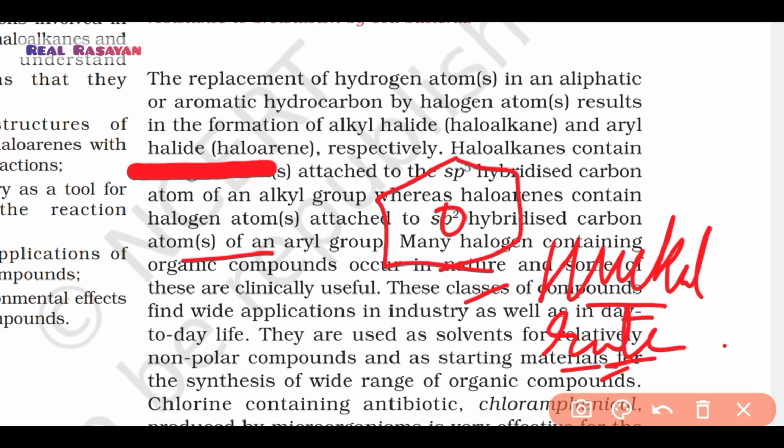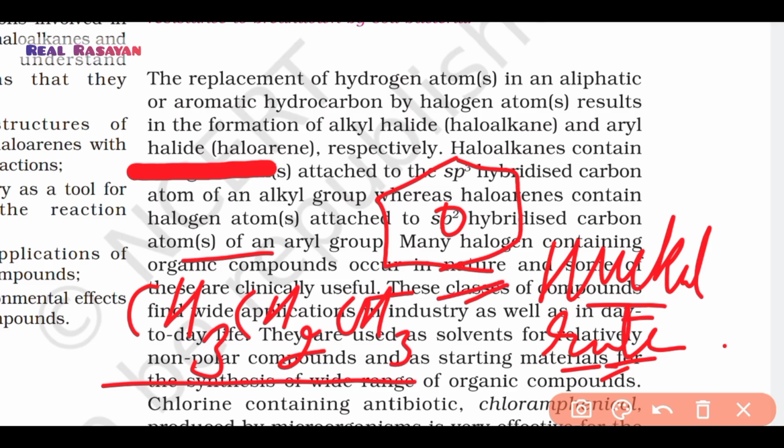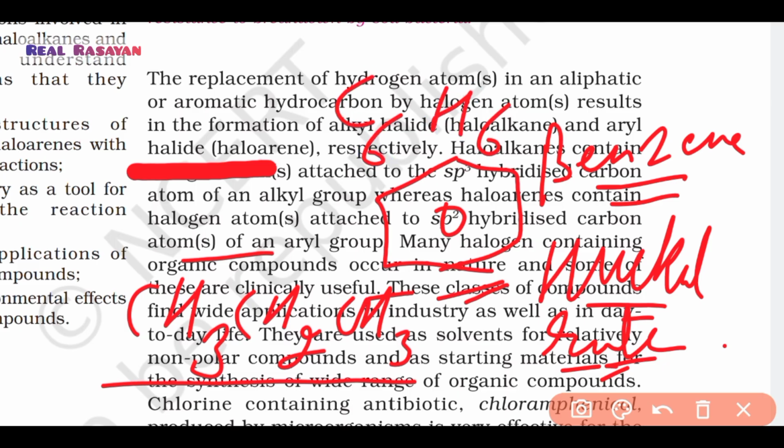So simply, suppose CH3, CH2, CH3, this is aliphatic, and this is benzene, it is aromatic. So the formula of benzene is C6H6.